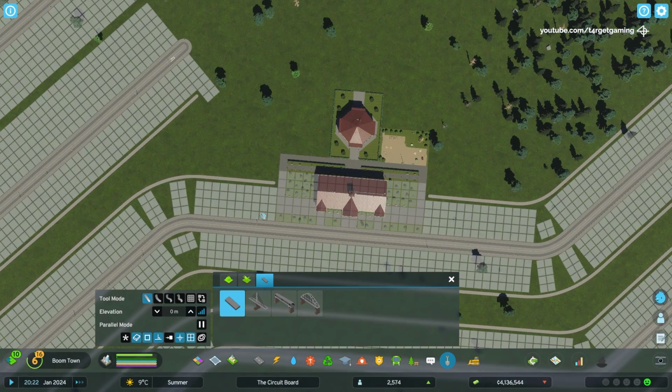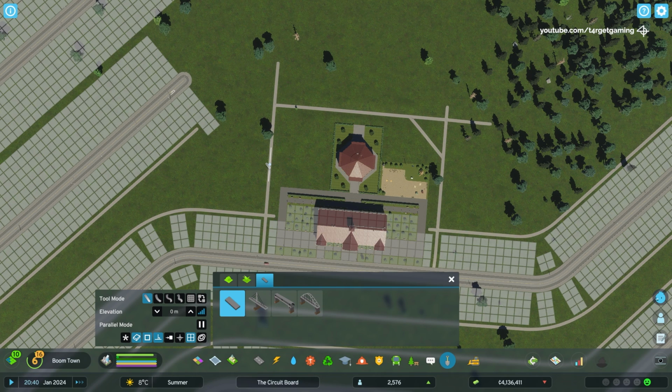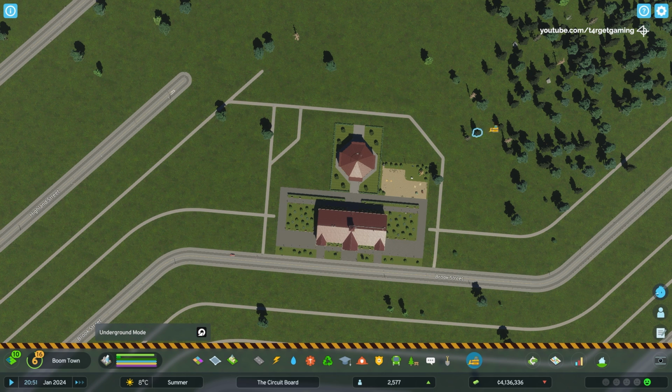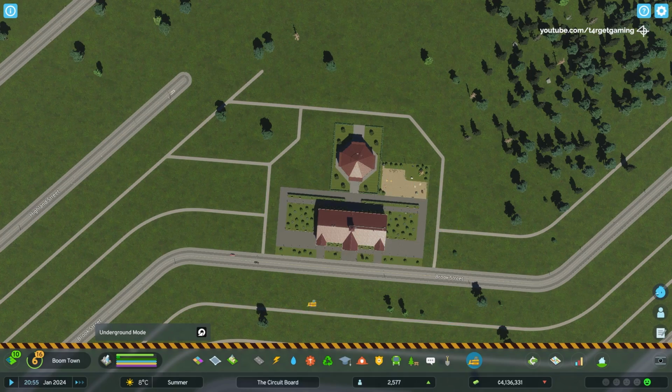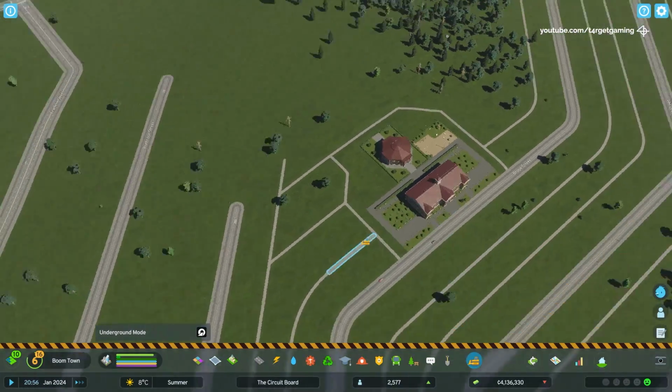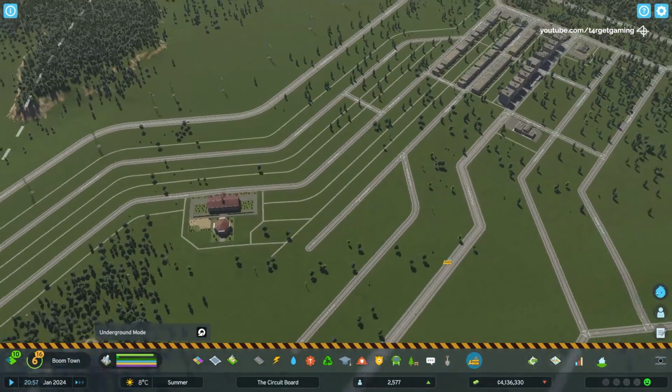Now I can, however, finish the path network. Okay, so I think that's fitting. And that's our elementary school.